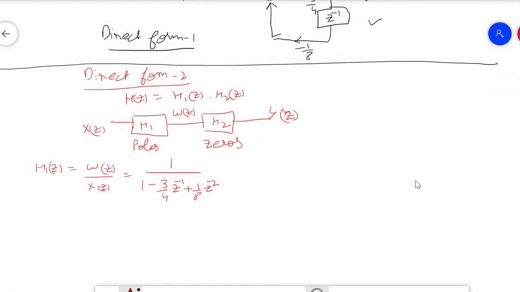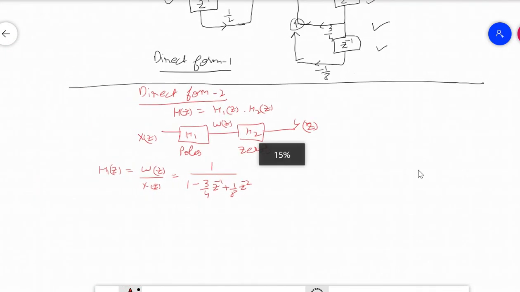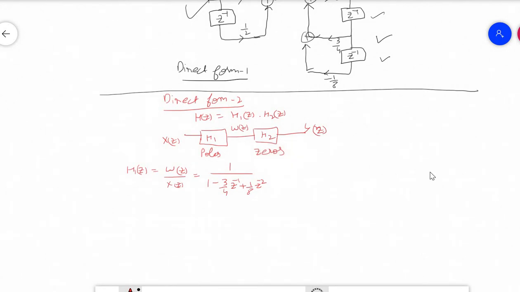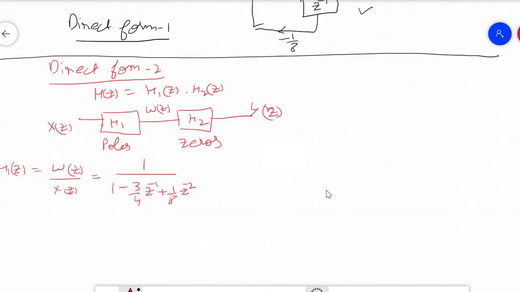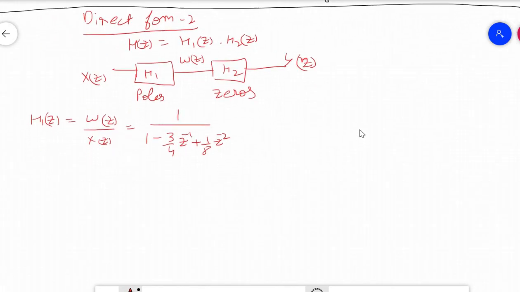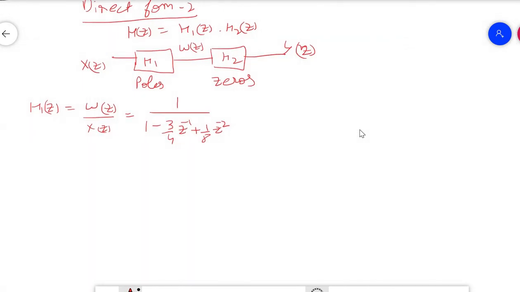Just wait. It's okay now. Fine. Now cross multiply in a very proper manner. W(z) times 1 minus 3 by 4 z minus 1 plus 1 by 8 z minus 2 equal to X(z).